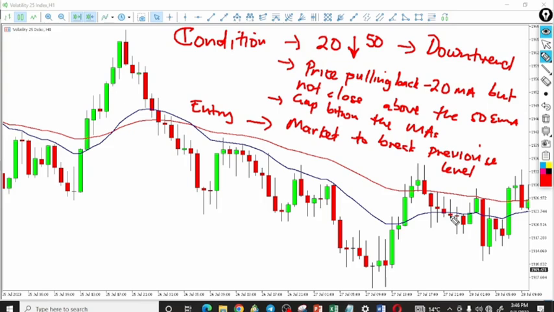So if you want, you can take a screenshot of these conditions, and then I will show you the exact example in this chart that we are looking at in the market.